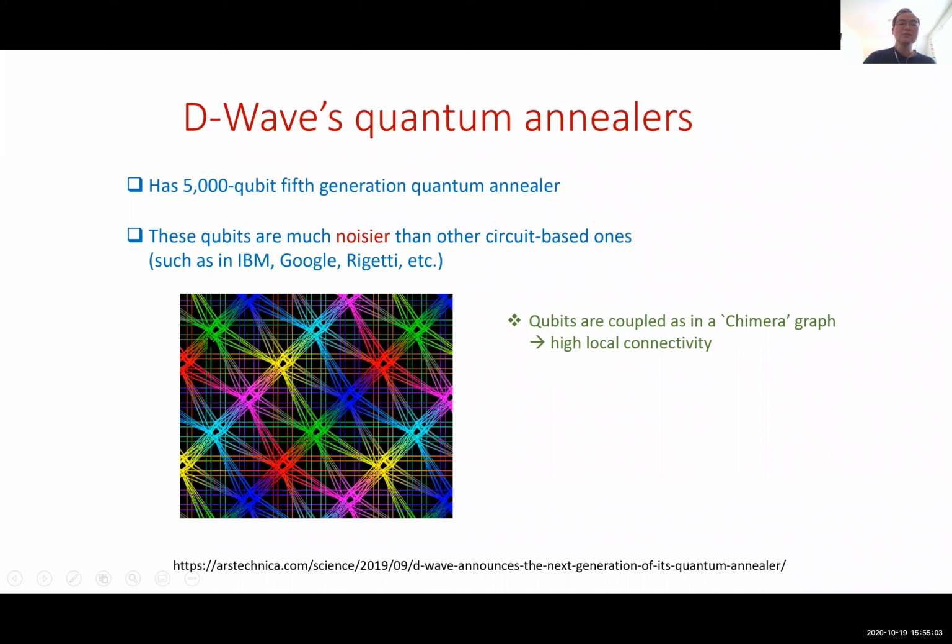This is an example of a chimera graph. These represent how the qubits are connected to each other. Locally they are highly connected, but loosely connected to a neighboring group. You can see the detail in the documentation there.